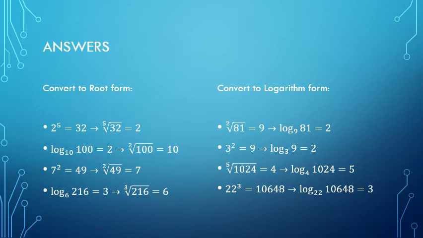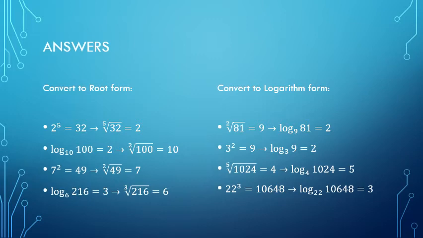And the next exercise, 3 to the power 2, or 3 squared, equals 9. So if the base is 3, in the logarithm, the 3 has to go next to the g. And if the exponent is 2 in this case, the exponent in a logarithm goes after the equal sign, it is the result. And what number is left? We are left with the 9, so that goes between the 3 and the equal sign.